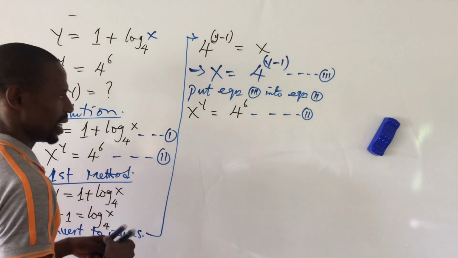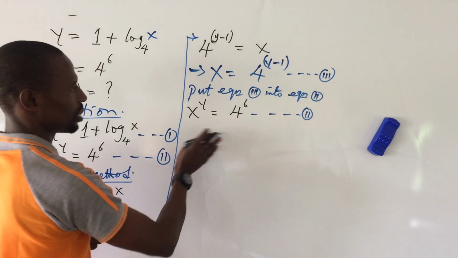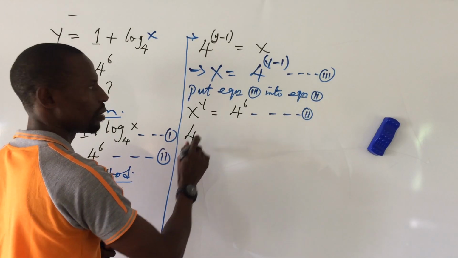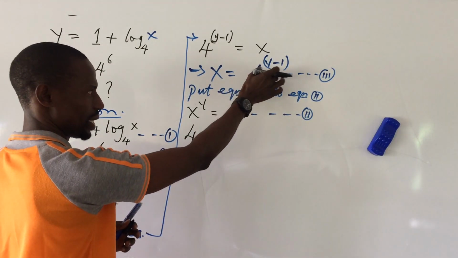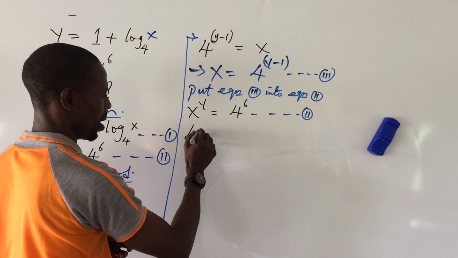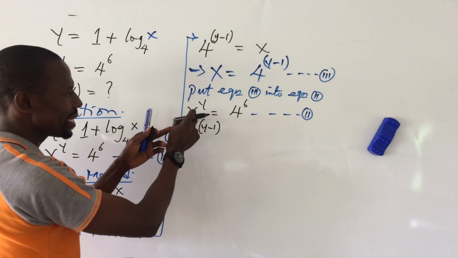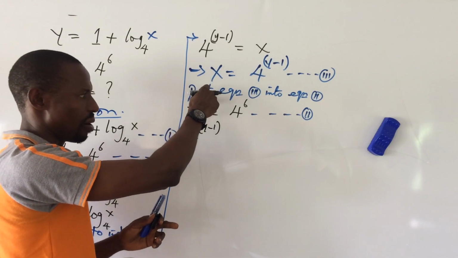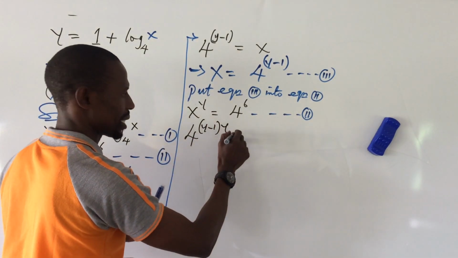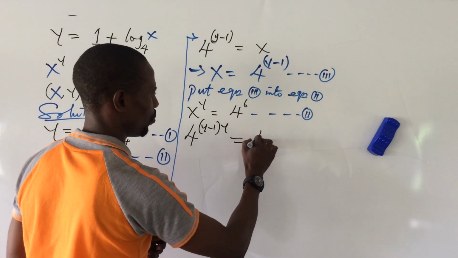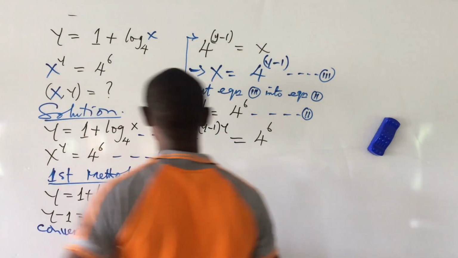So equation 2 will now become 4 to the power of (y minus 1), which is further raised to the power y, equal to 4 to the power of 6.